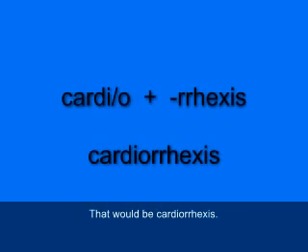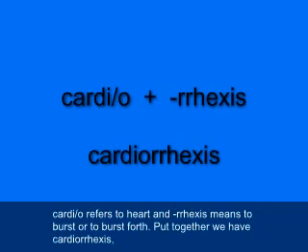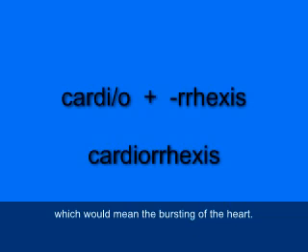What is the term for the bursting of a heart? That would be cardiorrhexis. Cardio refers to heart. Rhexis means to burst or to burst forth. Put together, we have cardiorrhexis, which would mean the bursting of a heart.